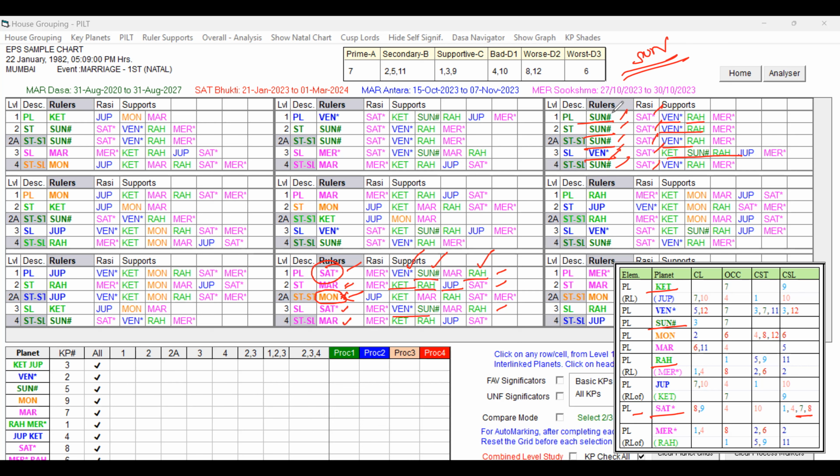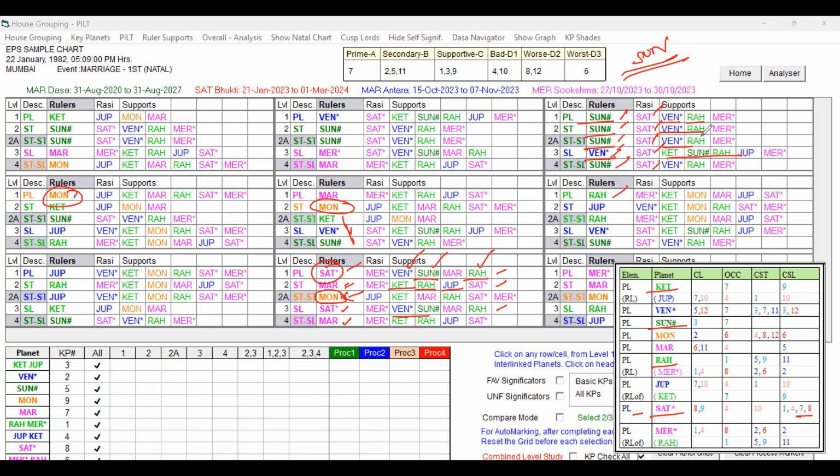So now under the Sun Dasa, we can easily identify which Bhuktis have these key planets. You can see Venus and Sun are playing a role, but unfavorable Moon is also playing. That is not good. But here you can see Rahu is playing.